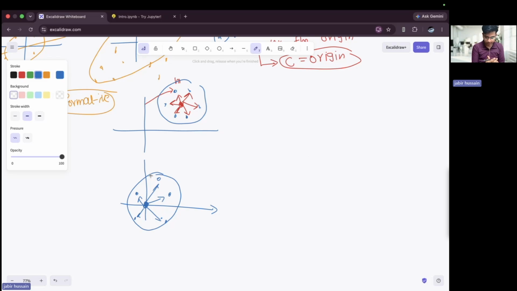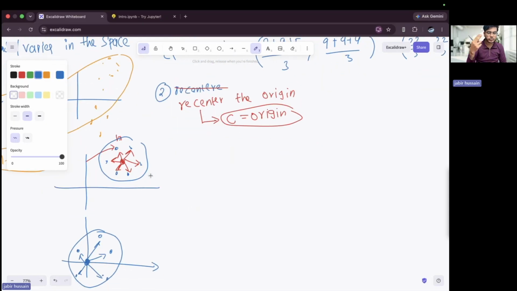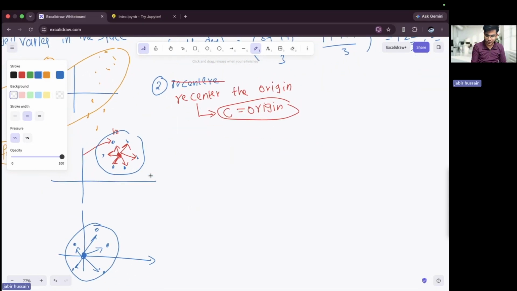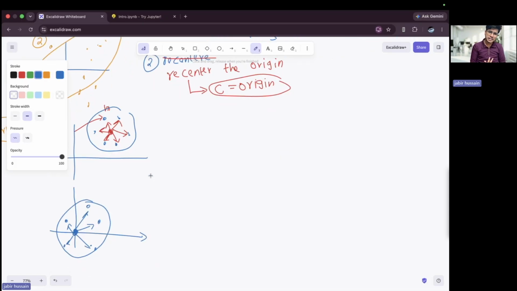Yes, so we restructure, or you can say recenter the origin, in order to reduce the number of mathematical operations. And you might ask, if we change the coordinates of points, let's say I have point 1 with coordinates 10 comma 20, then after recentering, the point will have different numbers, right? The answer is yes, it will have different numbers.